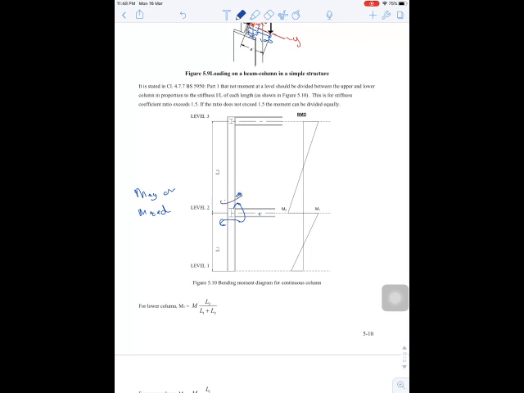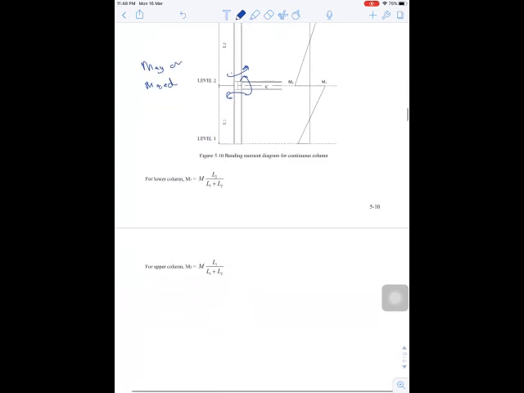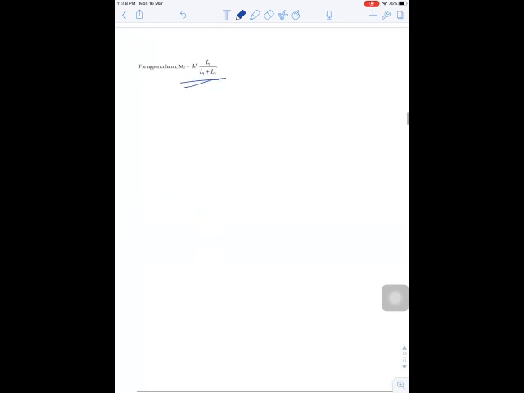How is it being transferred? It is based on this ratio here. The ratio of the moment is based on this formulation.